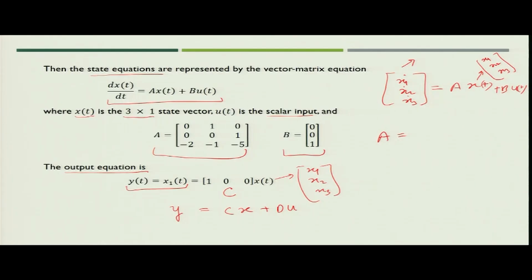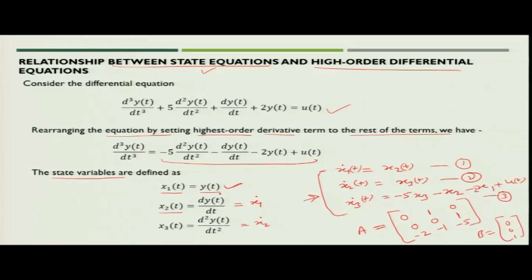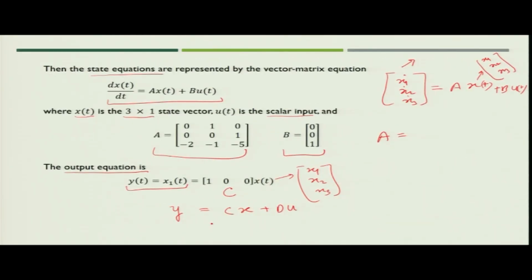The input component does not come into the picture, so u is absent, and finally y(t) is only C times the x vector. C is 1 0 0, because you have only output related to x1, the first state variable. So, this is how you get the output equation.